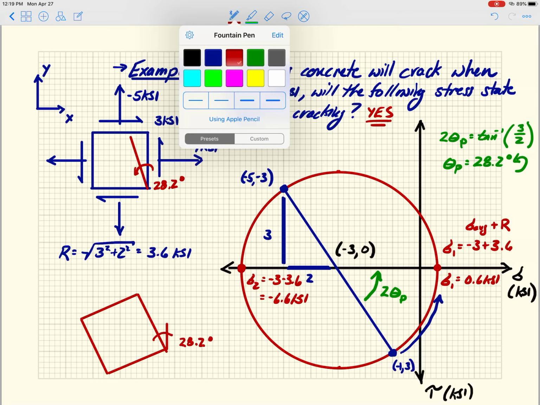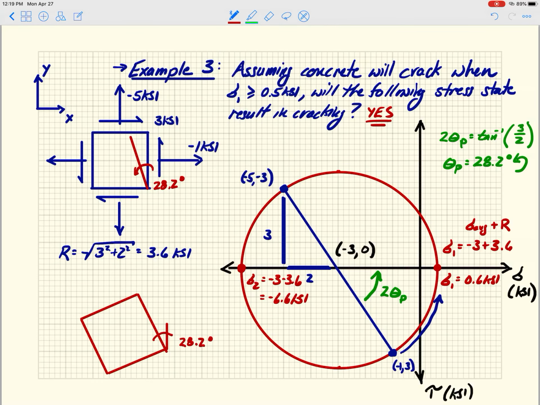And then my stresses look like this, because it's principal stress. These guys are minus 6.6 KSI. And this guy over here is positive 0.6 KSI.